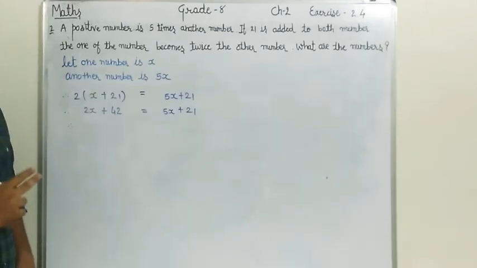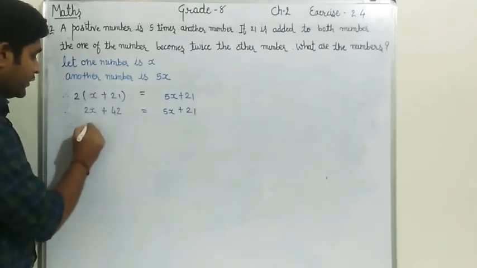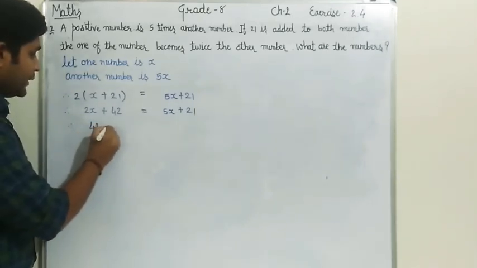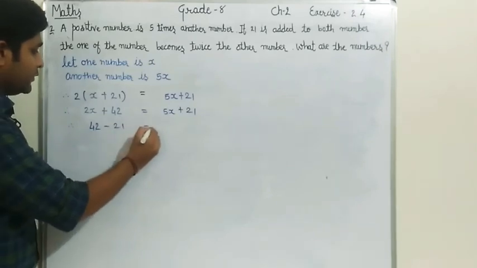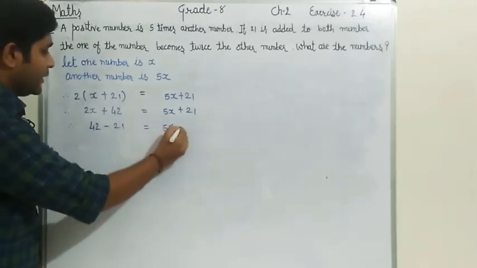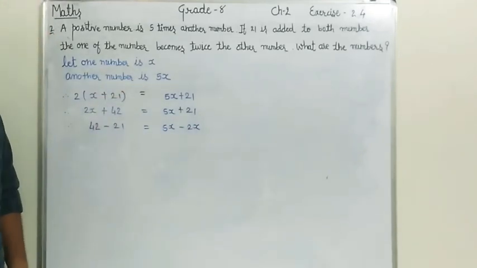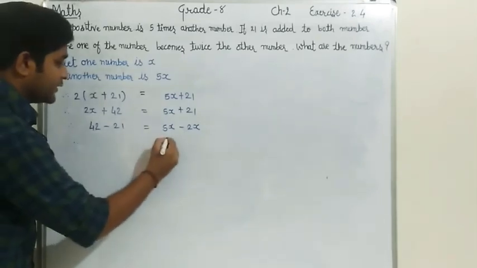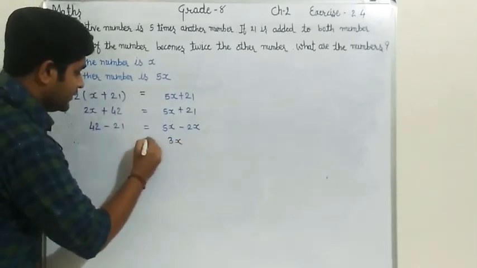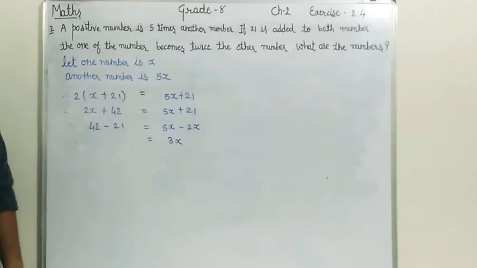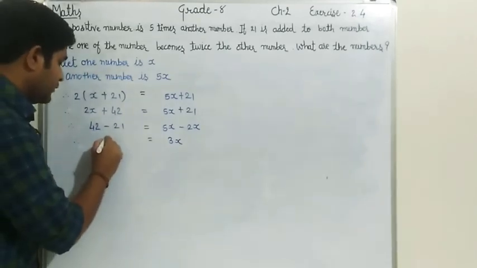Here I am doing two operations together, so 42 minus 21 is equal to 5x minus 2x.